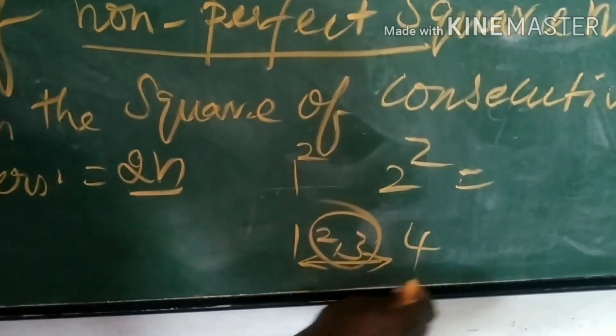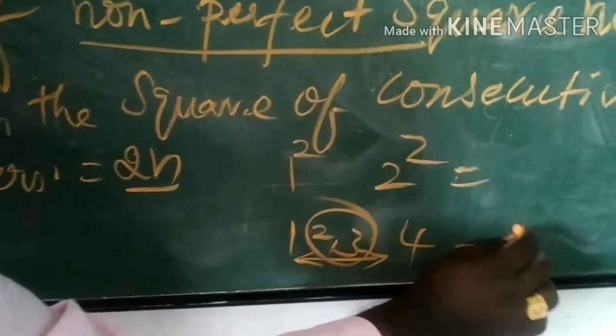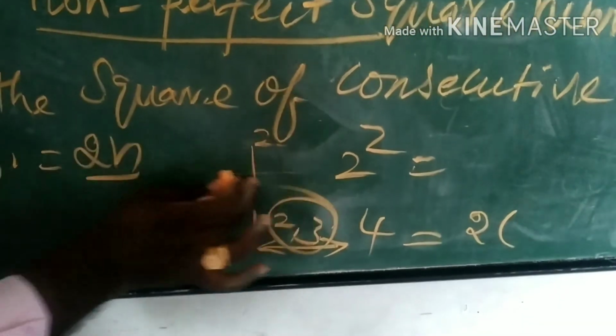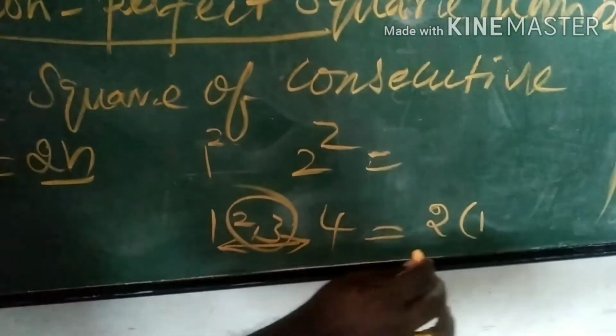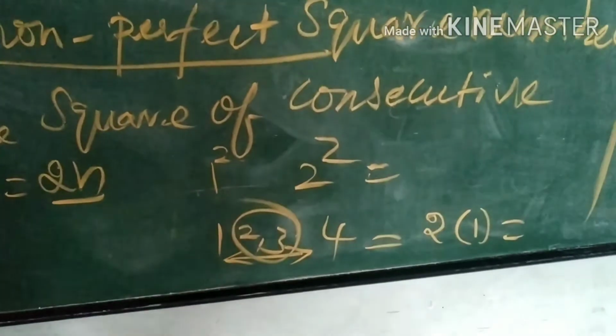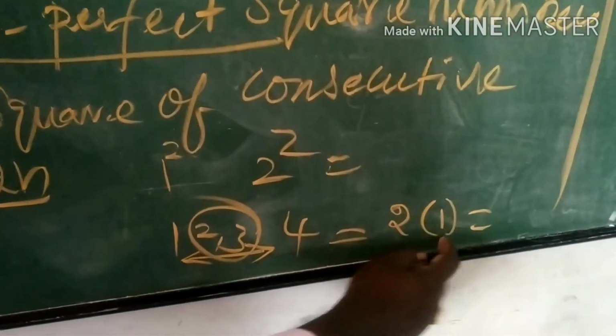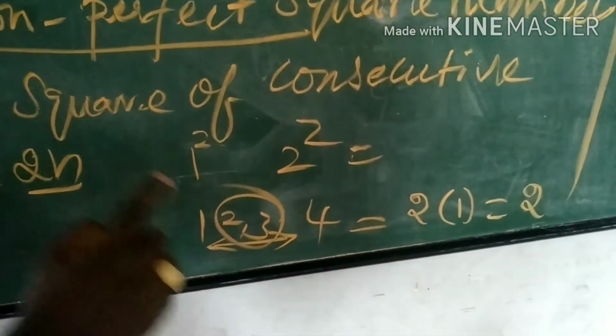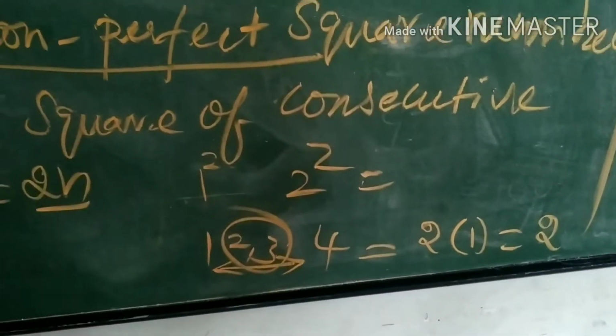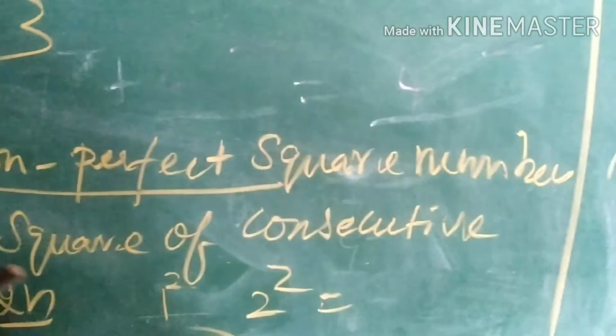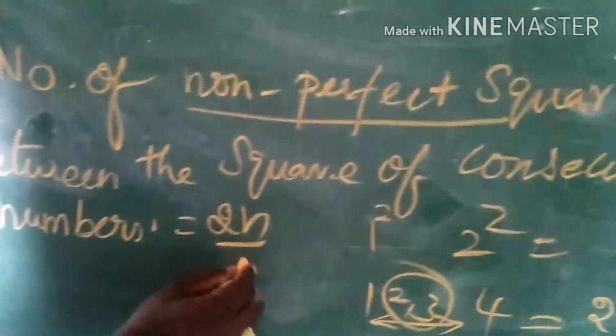How can we get it shortly? By multiplying the first number by 2. So 2 into 1 becomes 2. So the number of non-perfect square numbers between the squares of consecutive numbers is 2n.